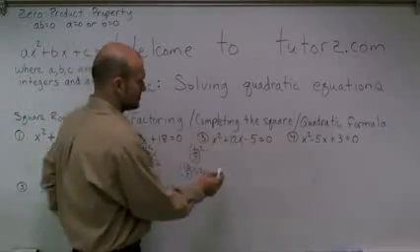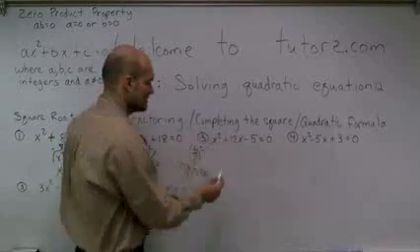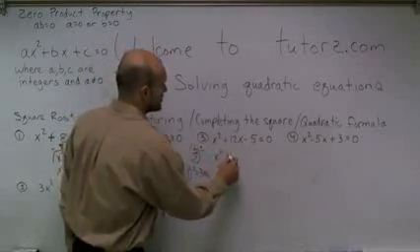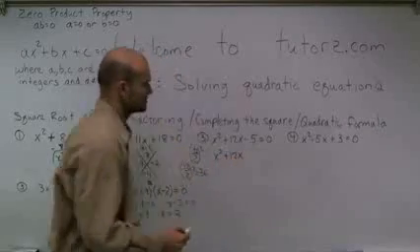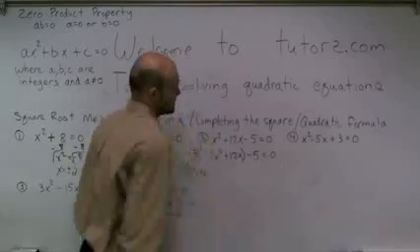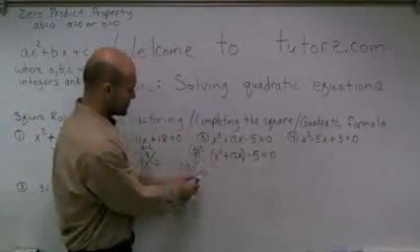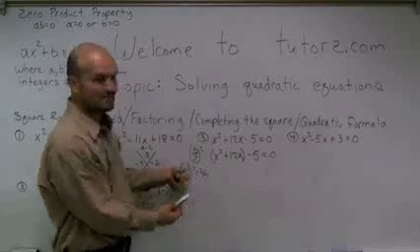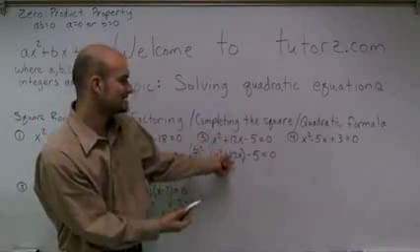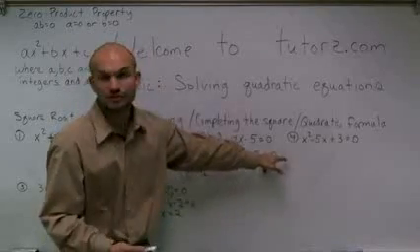So what I'm going to do now is write my first two terms in parentheses. So I have x squared plus 12x minus 5 equals 0. Now remember, we're going to be solving this, all right? So what we're going to do is add a 36, that's my middle term squared, to the left side of my equation, and also to the right side of the equation.